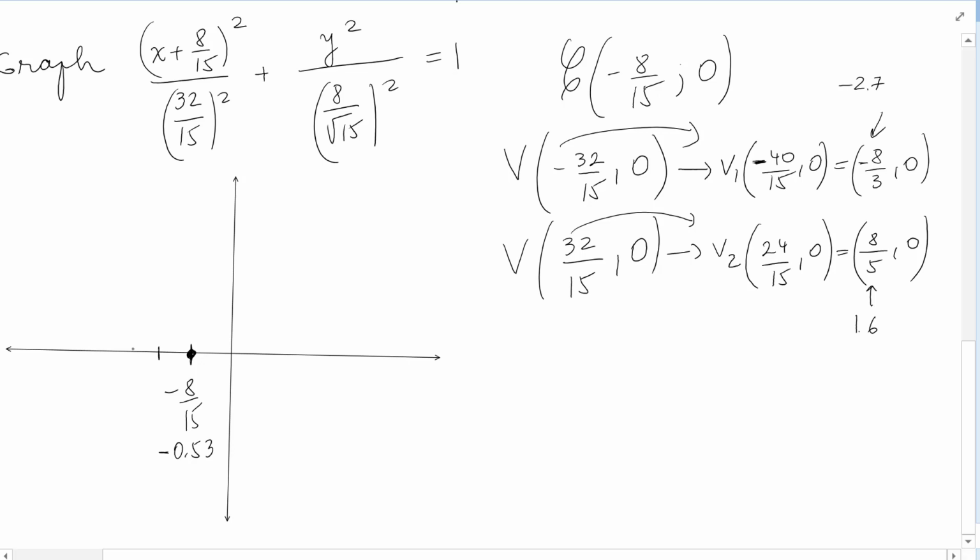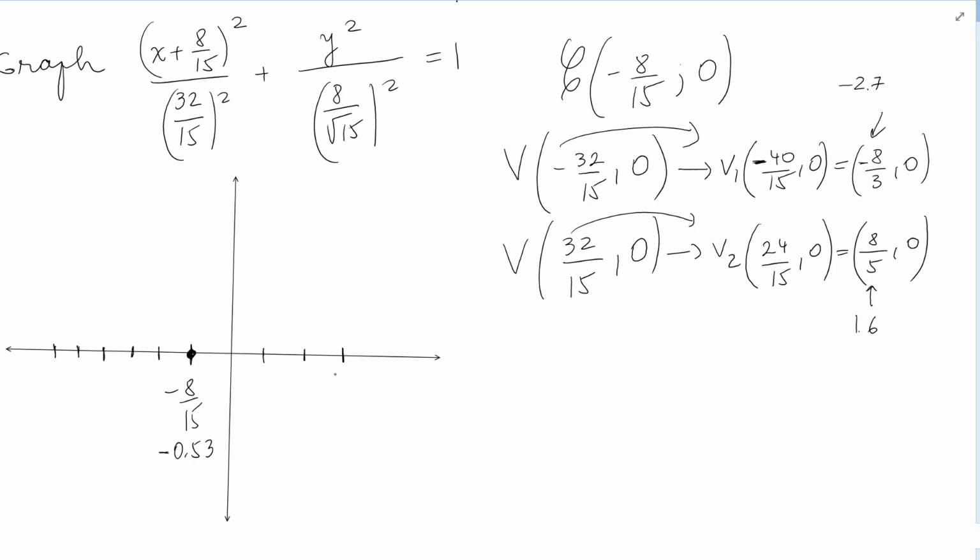So 1, 2, 3, 4, 5, and then 1.6 would be 3 more: 1, 2, 3. So negative 0.53 is here, and 1 more to get to 1.6.